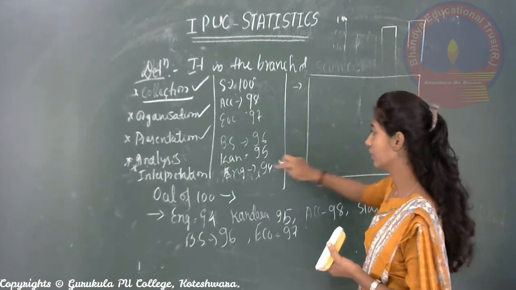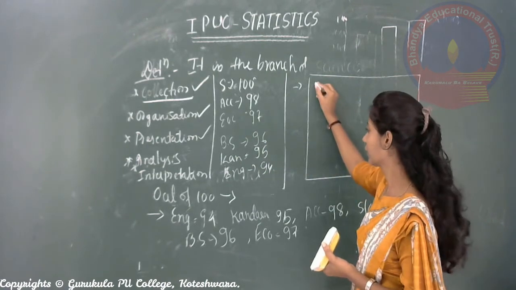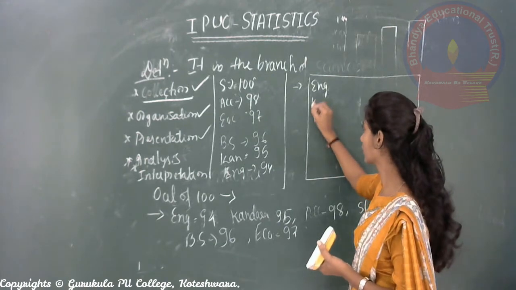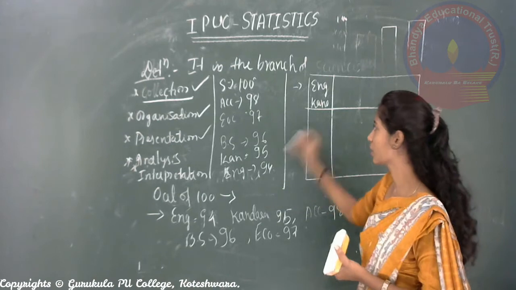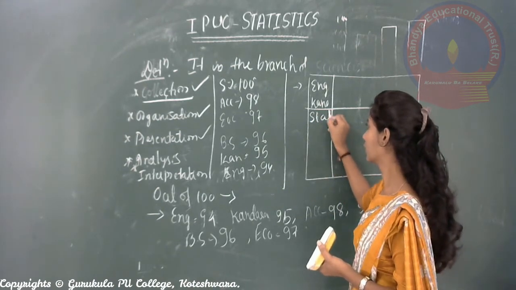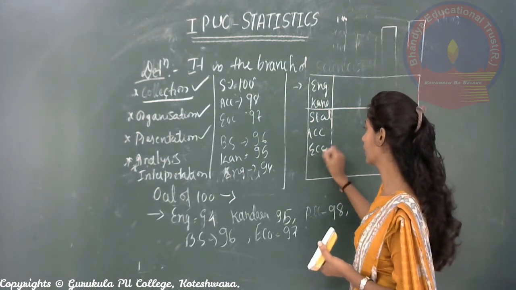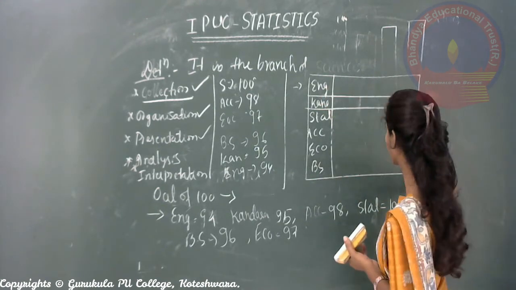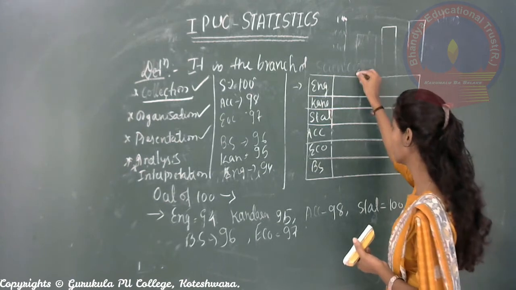I take the languages first: English, Kannada, and then the core subjects: stats, accountancy, economics, and business studies. I am going to represent this data in rows and columns.